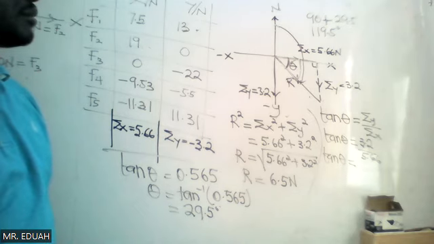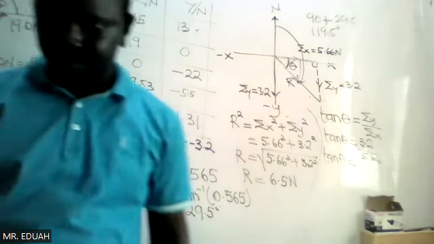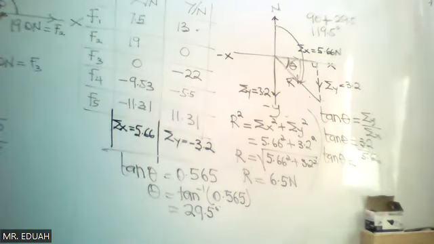Yes, please. So please write 119.5, north of south. Okay. Or just 119.5 degrees from the north.